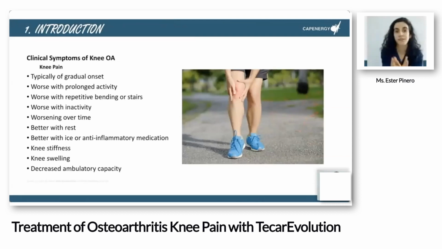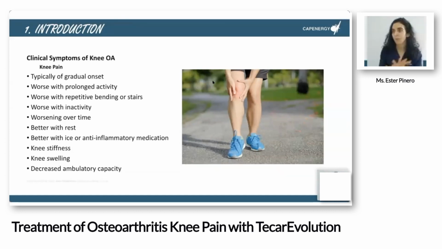what are the principal symptoms of a knee when there is osteoarthritis. The principal symptom is the pain, okay? But we know that this pain can be worse when the activity continues, and it's worse when we do stairs or something like that.